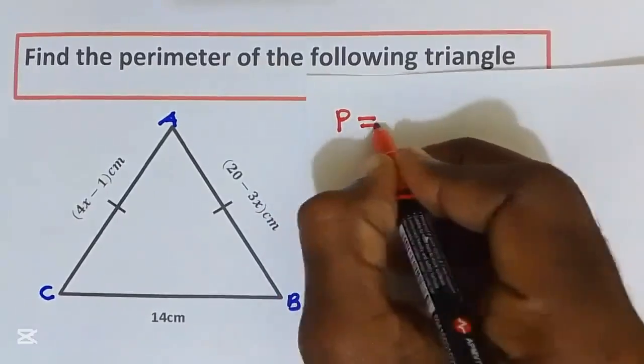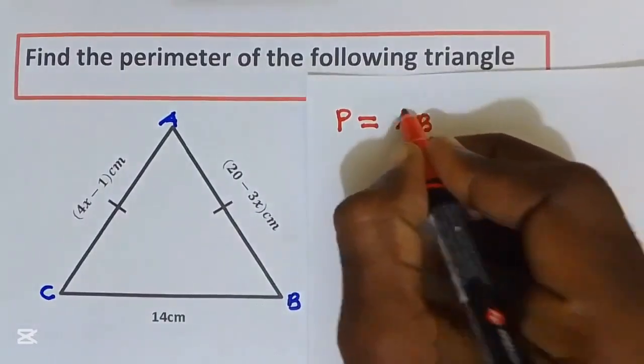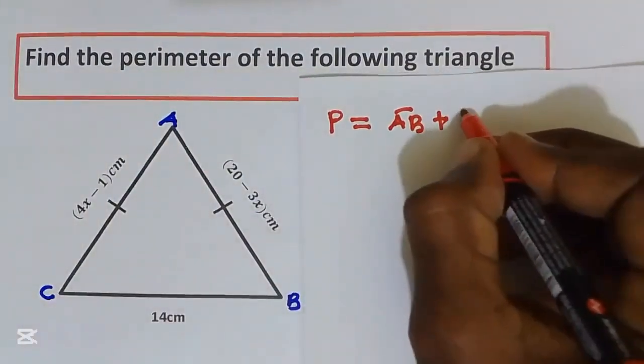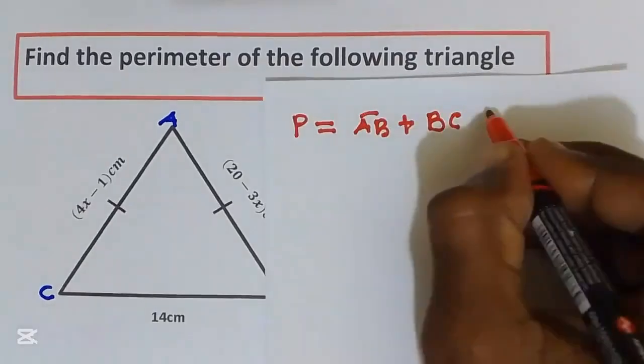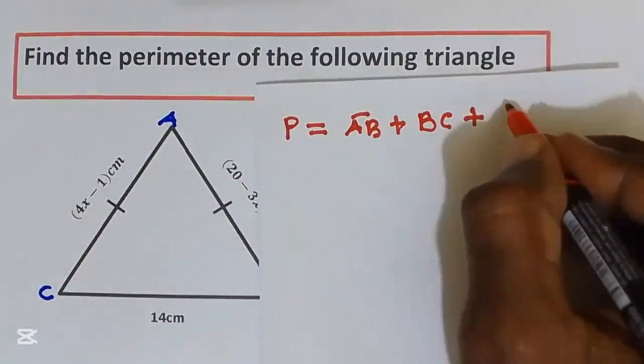Perimeter is equal to distance AB plus distance BC plus distance AC.